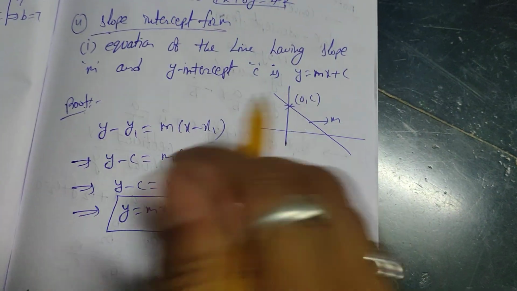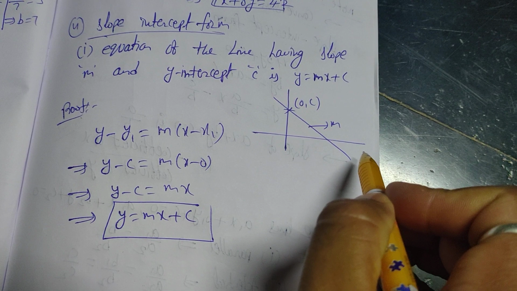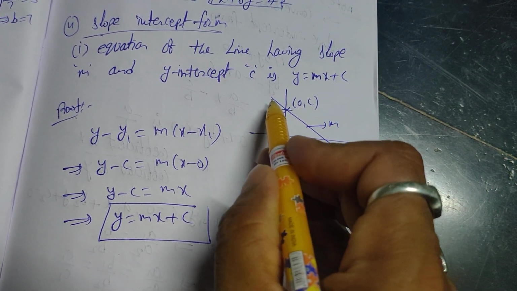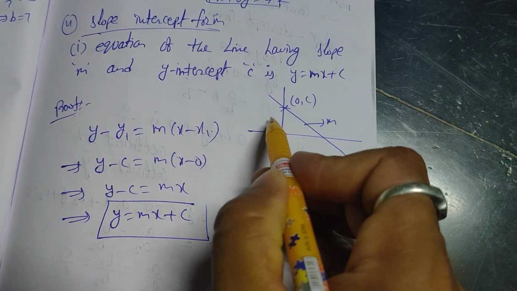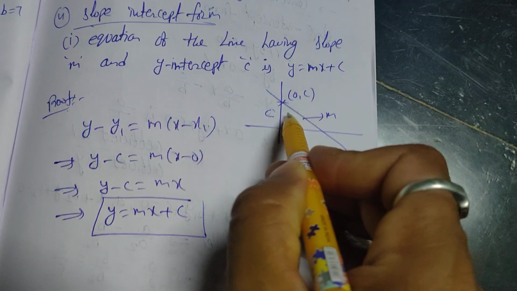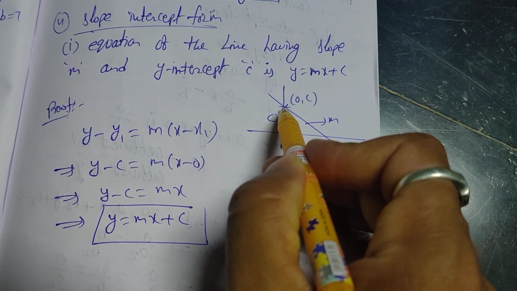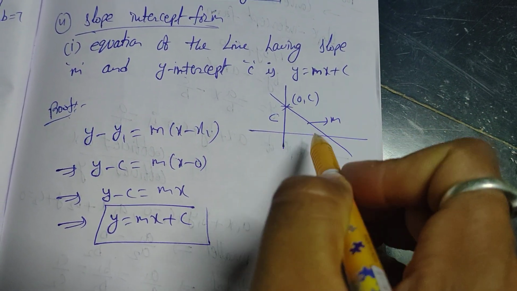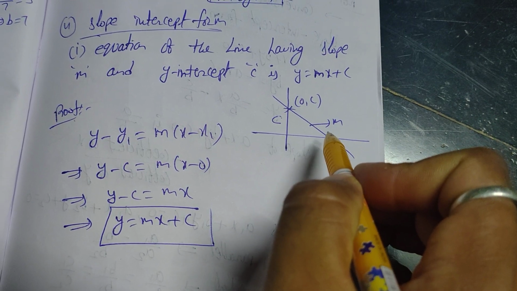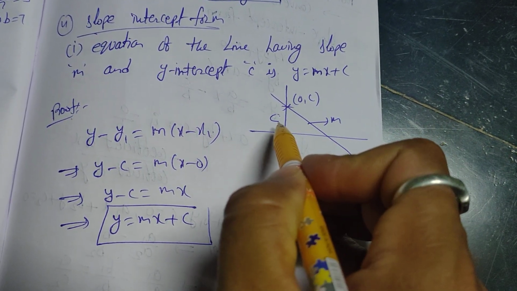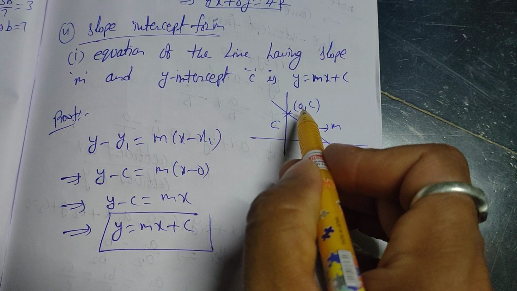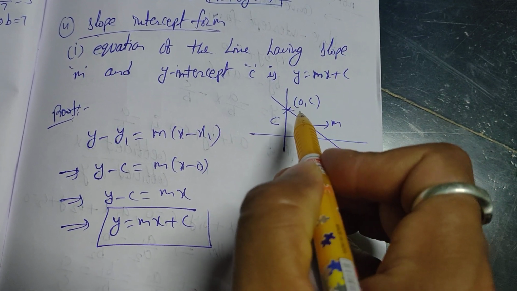that line. Let us consider this is the coordinate axis and the y-intercept is, suppose, c. That means it intersects the y-axis at 0 comma c, and the slope is m. So whenever the y-intercept is c, that point is 0 comma c.